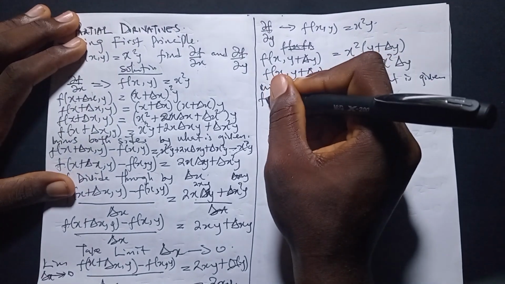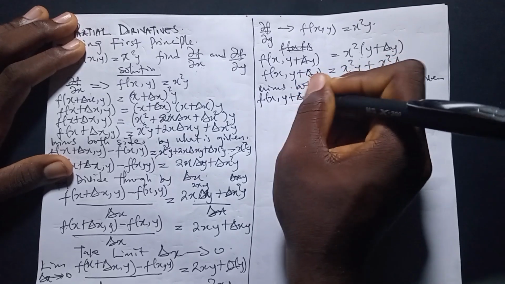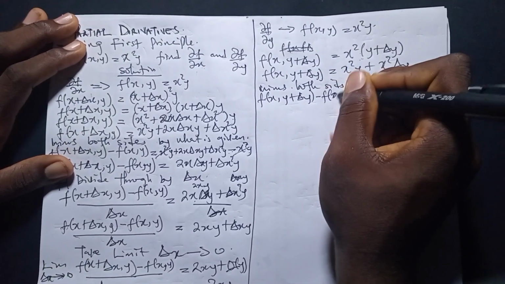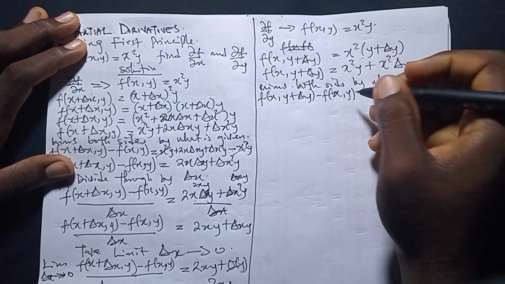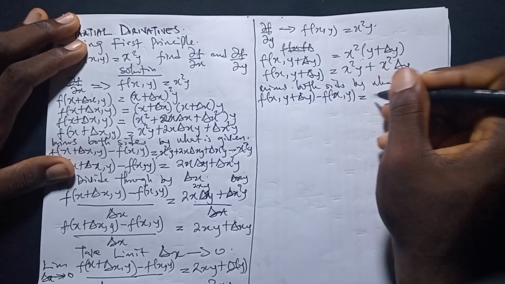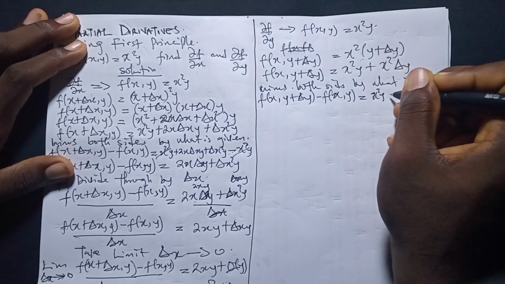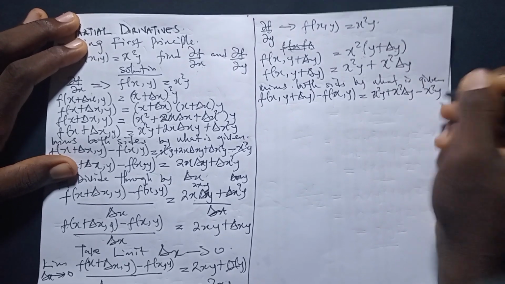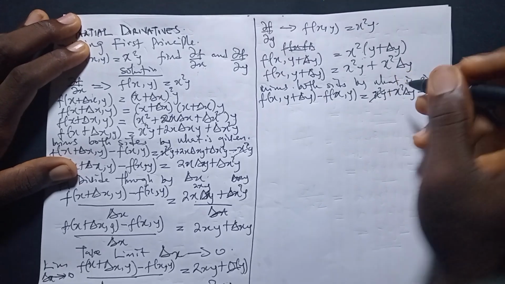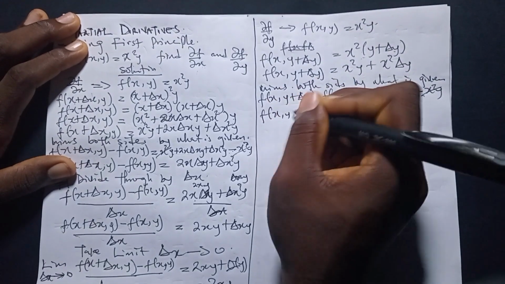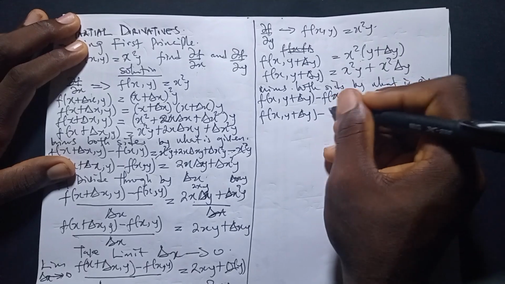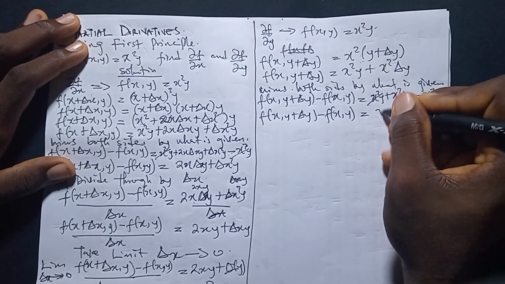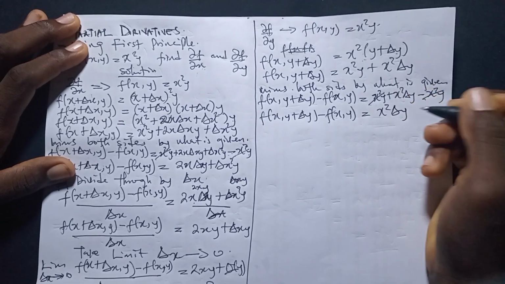So we have f of x, y plus change in y minus f of x, y equals x squared y plus x squared change in y minus x squared y. So now this can cancel out this. We are left with f of x, y plus change in y minus f of x, y equals x squared change in y.